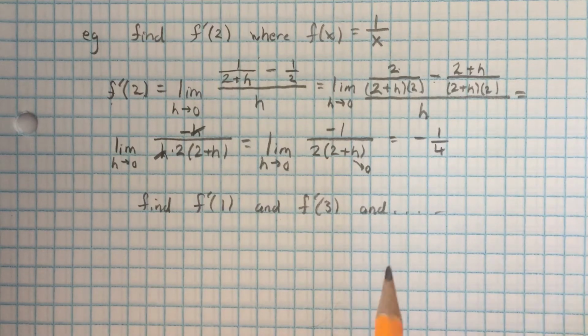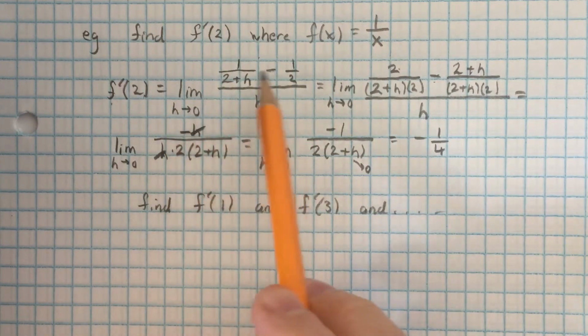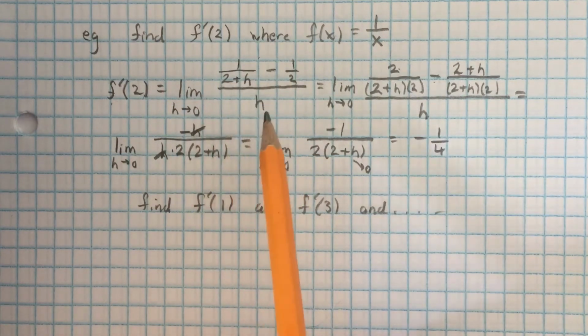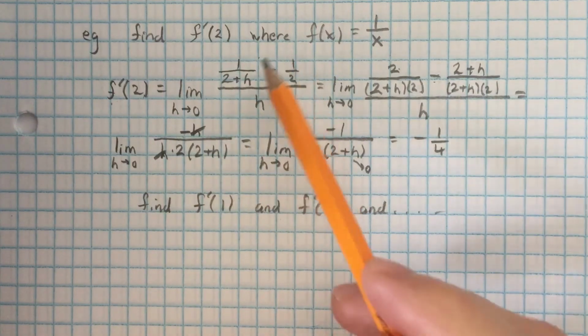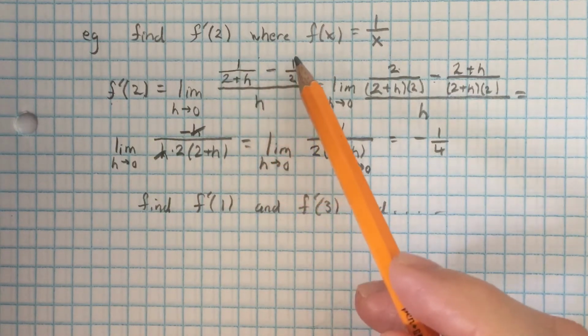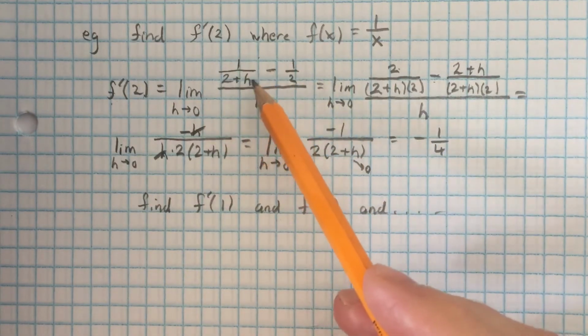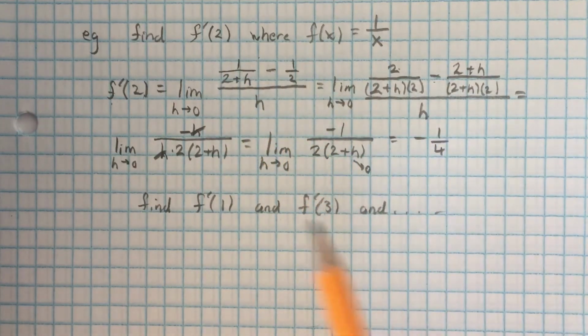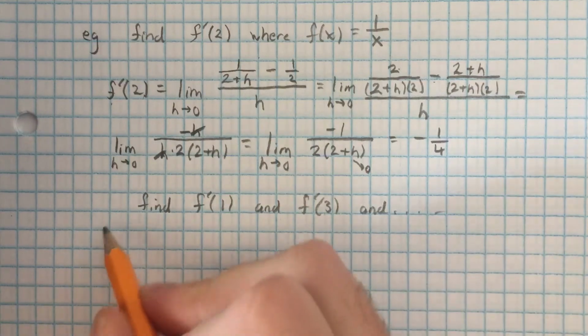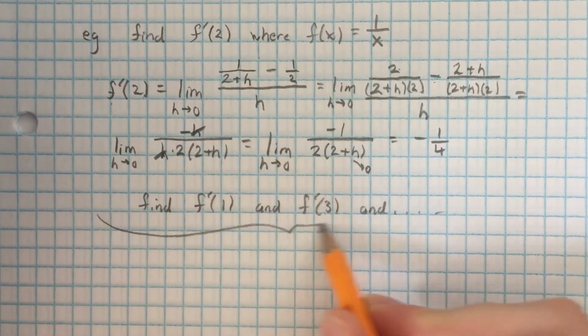Well, this becomes really impractical, that I should have to use this limit definition over and over again with just a different value plugged in. I'd have 1 over 1 plus h minus 1 over 1, and then perform this whole process, and then 1 over 3 plus h minus 1 over 3 for this one, and complete the whole process over and over again.